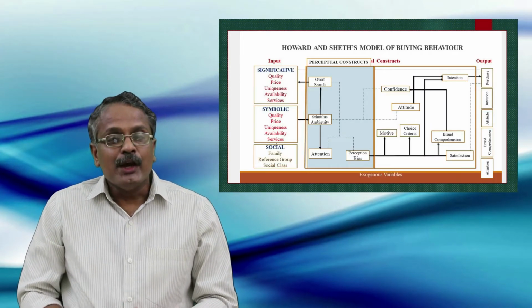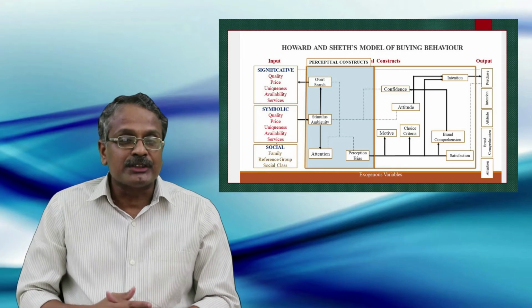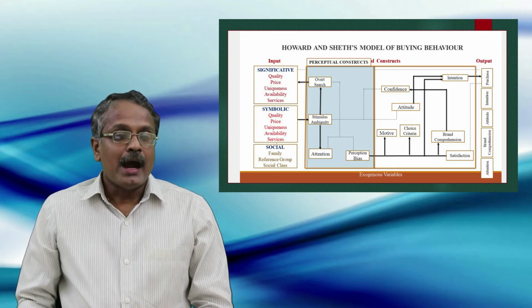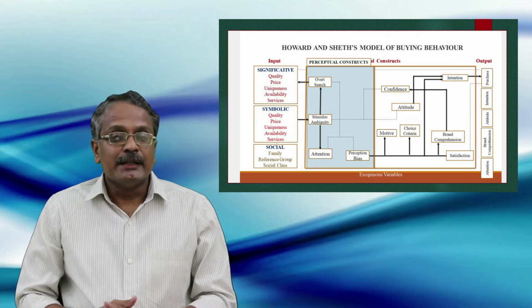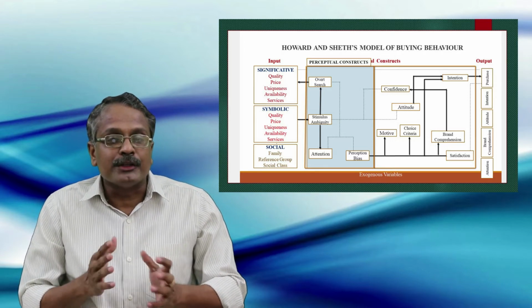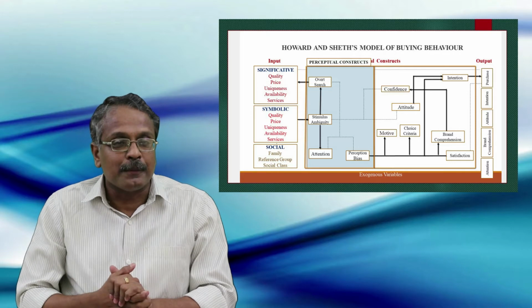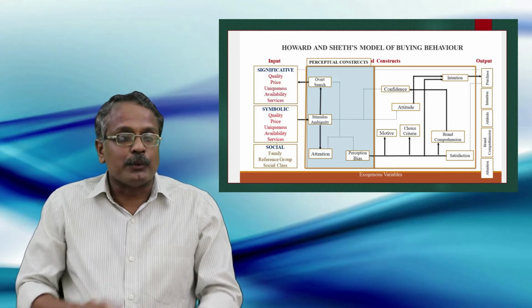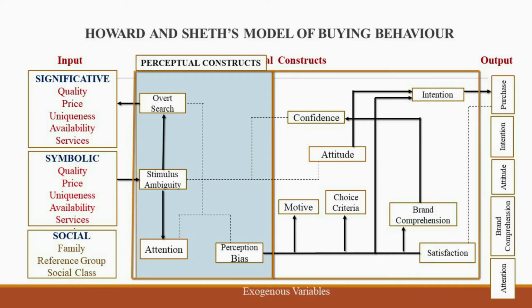Firstly, we can see how the perceptual constructs are formed. Under perceptual constructs, the model explains how the perception towards the product is formed in the mind of consumer. We can examine the process. In the perceptual constructs, we can see some variables such as overt search, stimulus ambiguity, attention, and perceptual bias.